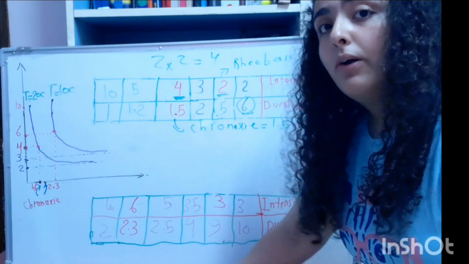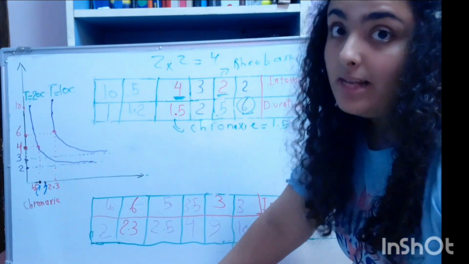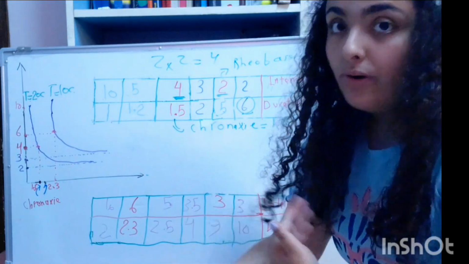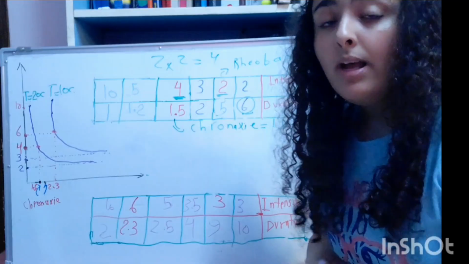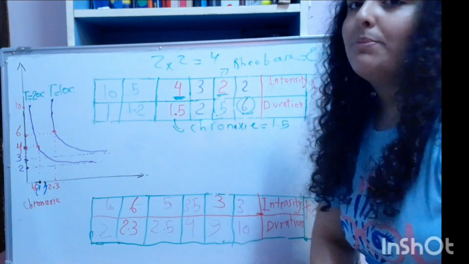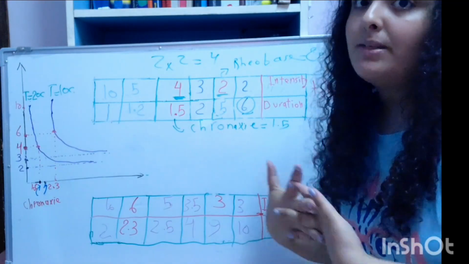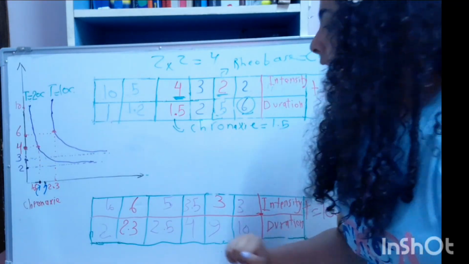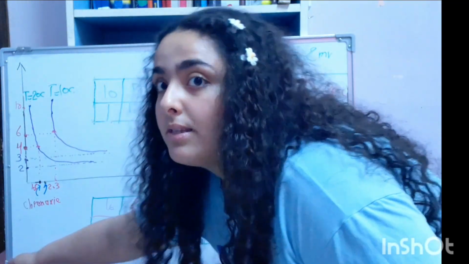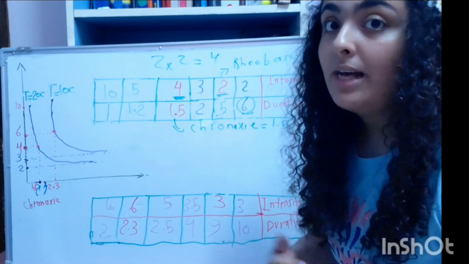Clearly, when the chronaxy is high, that means when the duration that we need, when the intensity is equal to the Rheobase, is longer than other situations, then the excitability will be low. Why? Because the cell needs too much time in order to achieve the impulse, and that means the excitability of this nerve is low. But when the chronaxy is small, that means this cell doesn't need too much time in order to achieve the impulse, and that means the excitability is higher.